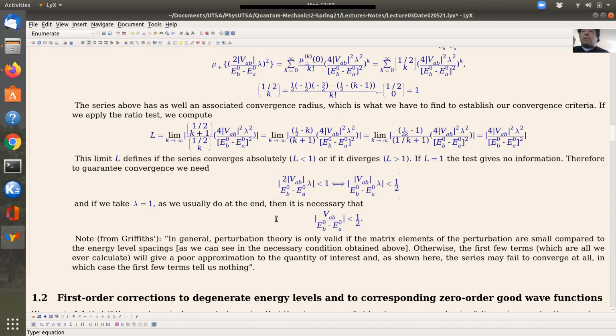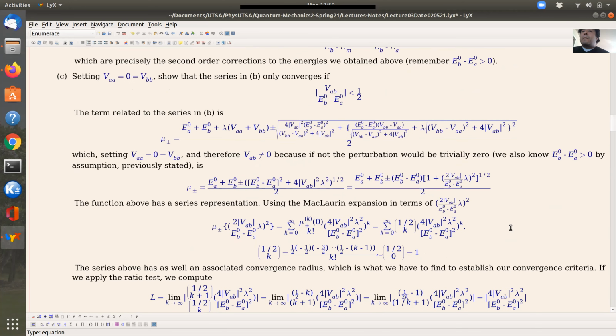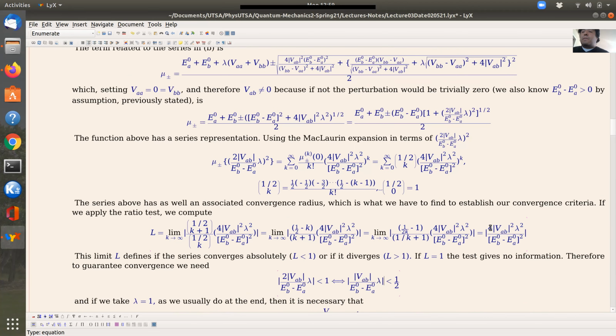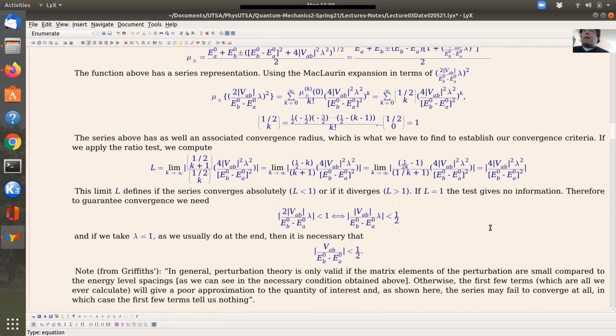If you take lambda equal to 1, as we usually do at the end in perturbation theory, we get exactly what I want, which is the norm of the ratio of the off-diagonal term of the perturbation divided by the energy difference is less than 1/2. So, on one hand, I get what I was asked to. On the other, this is actually quite important in terms of perturbation theory, and I will tell you why.